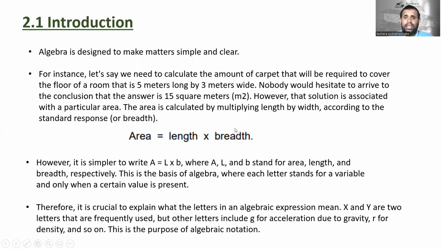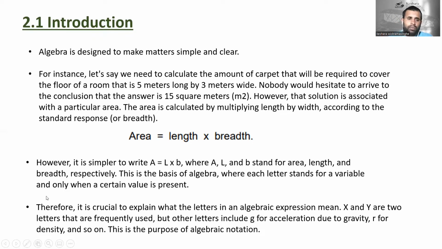So area can be calculated by multiplying the length by the width or breadth. You can see this equation. However, it is simpler to write A for area, L for length, and B for breadth, where A, L, and B stand for area, length, and breadth respectively. This is the basis of algebra, where each letter stands for a variable, with a value only when a certain value is present.